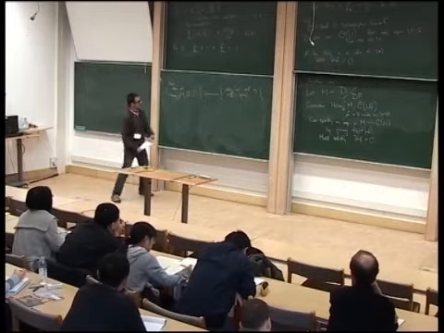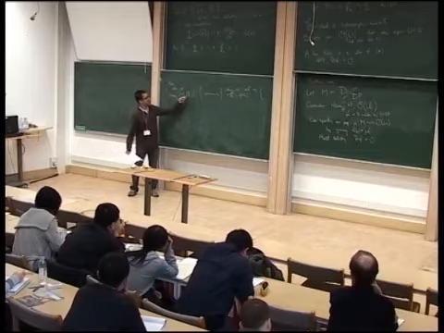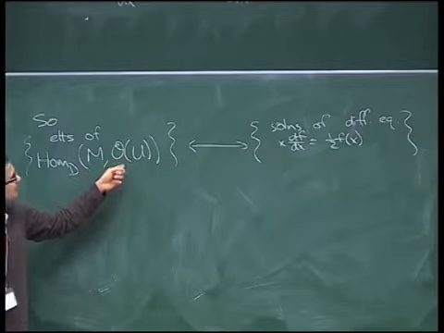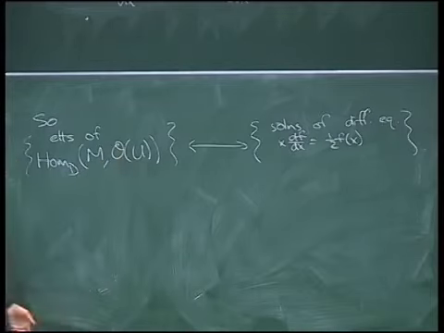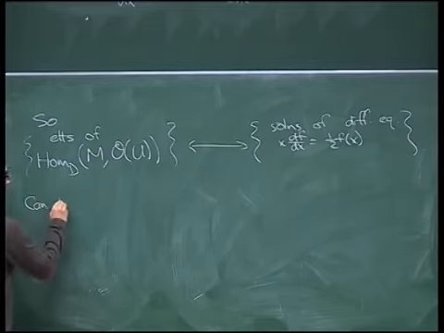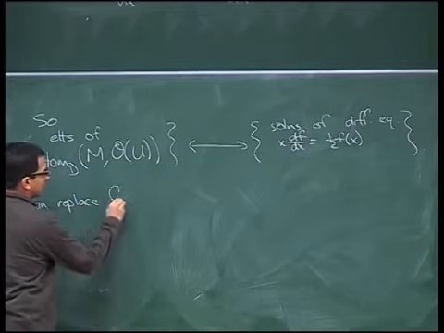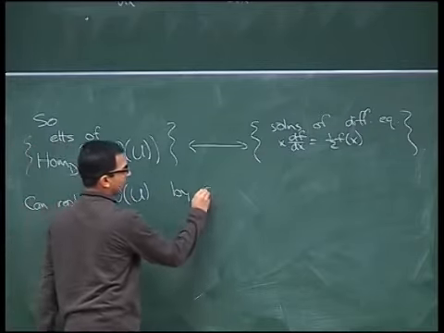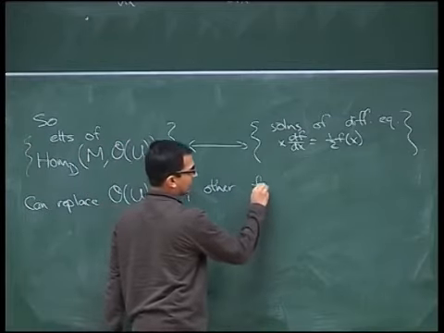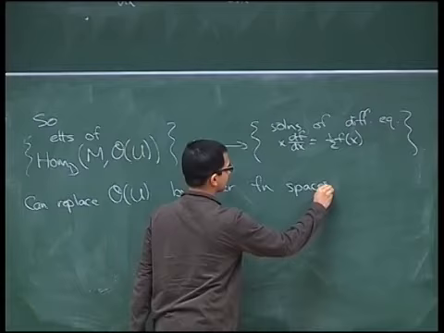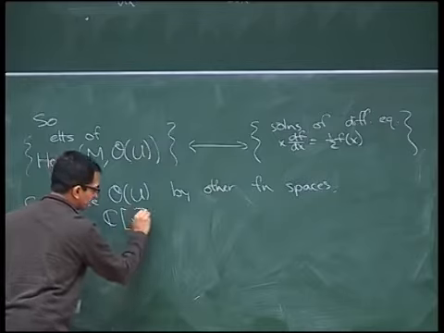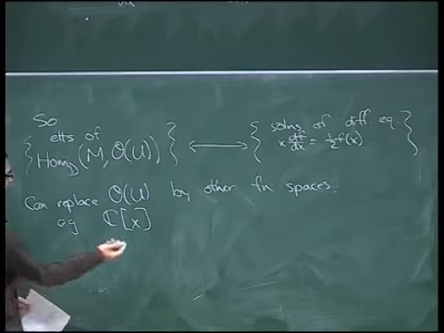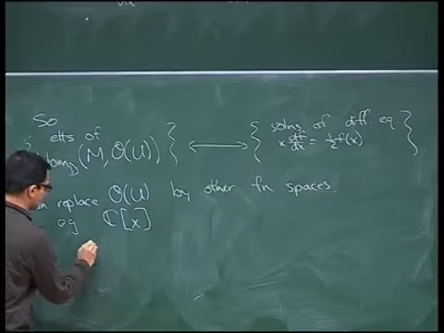But the advantage of looking at this side of the picture is that, already the way I've written things, I'm sticking in different groups here. I can change U, and I'm looking at a different space of functions. You can replace O(U) by other function spaces. For example, you could look at only polynomials, if you wanted polynomial solutions to a differential equation.